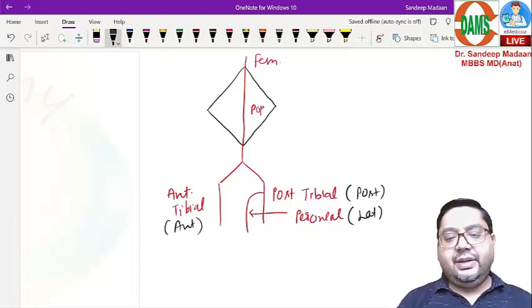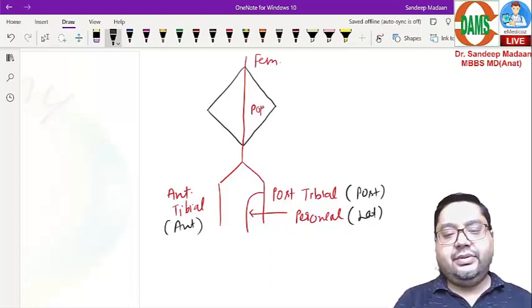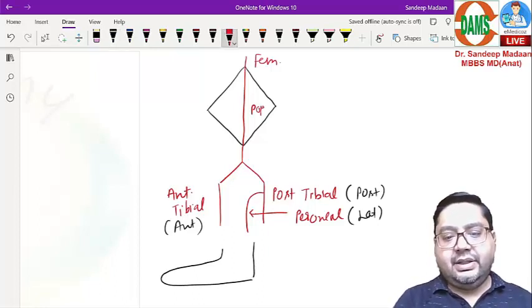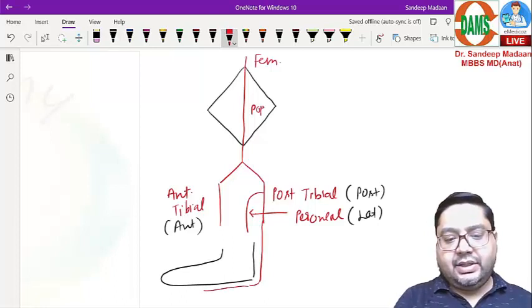After that, when they approach the foot, you can see the posterior tibial artery, which runs in the posterior compartment, reaching the plantar aspect, or the sole of the foot, where it gives the plantar arteries.